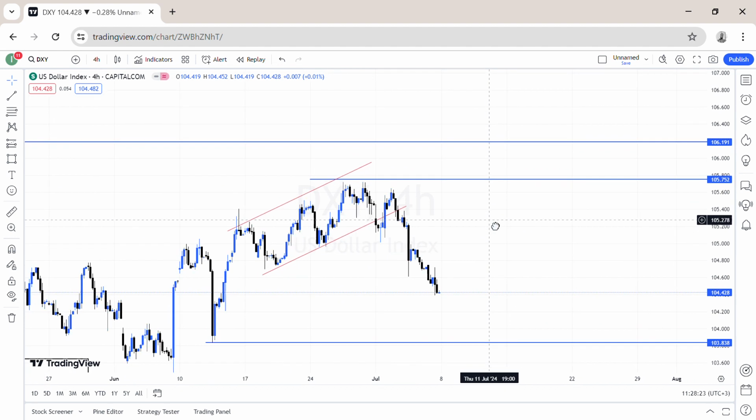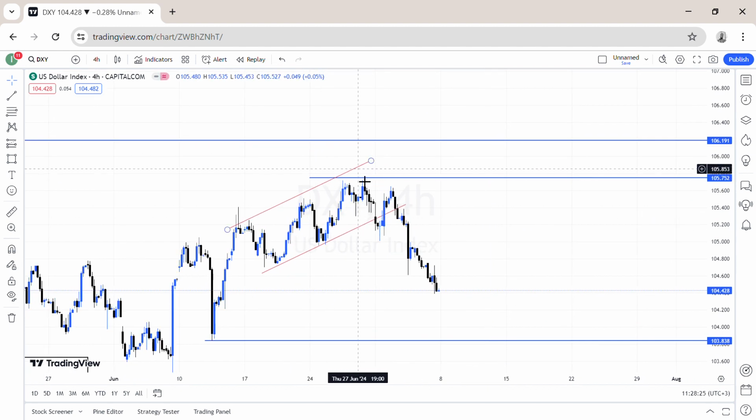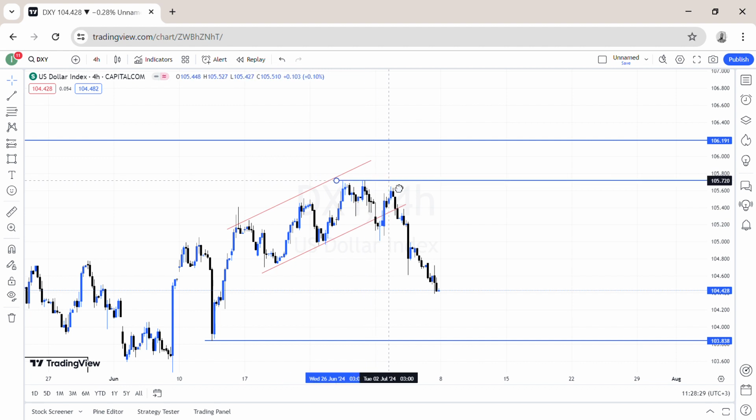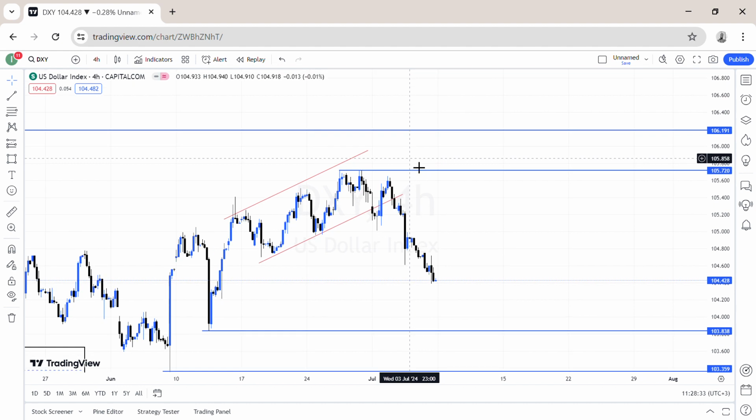Even though last week I was expecting the price to touch on these equal highs right there. That was my target last week. I was targeting that as long as DXY is bullish, I was expecting the pairs with USD as the quote currency to go bearish.